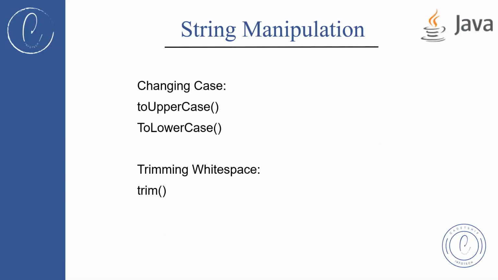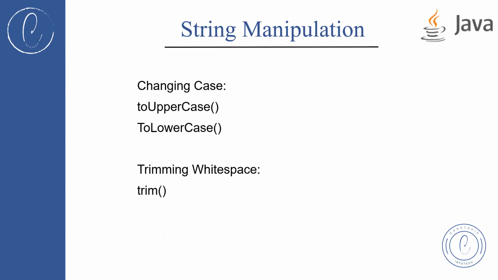Now let's move forward. Next is our string manipulation. Let's assume I have my string and I want to change it. I want to remove the white spaces, and for that I can use my trim method. I want to change the case, that is, convert my string into uppercase or lowercase. For that, we have different methods in string.